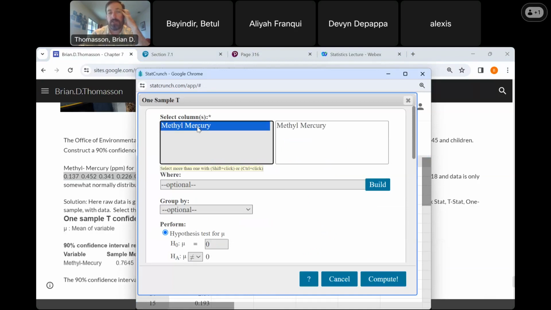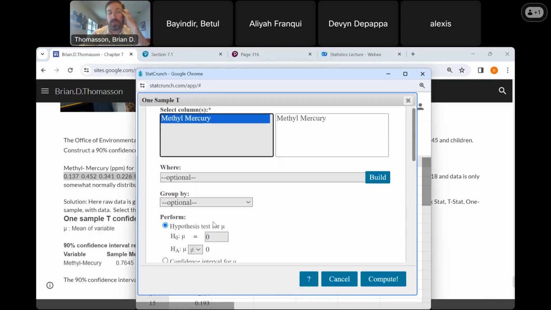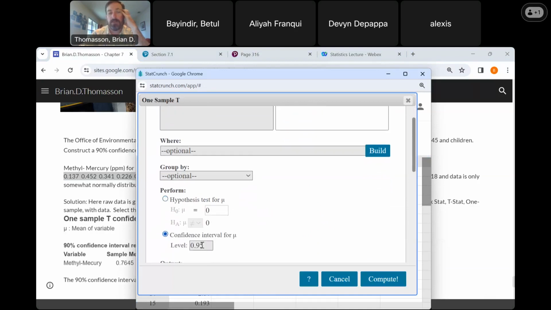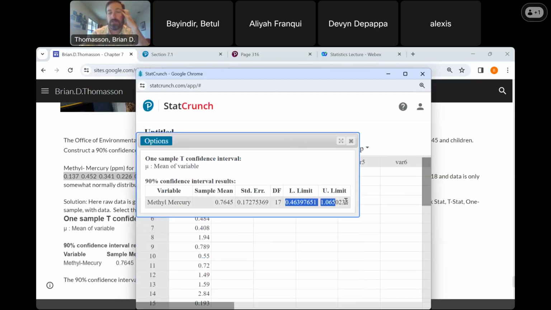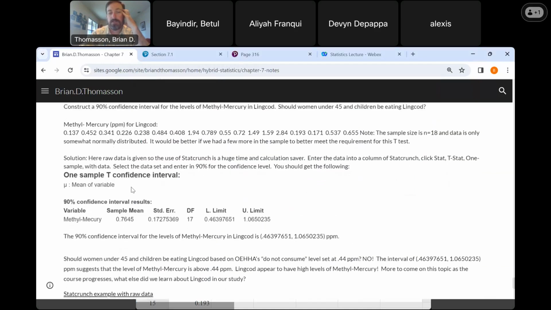We can select our methylmercury, and then we can set our confidence level. I think I wanted 90% in this case. Then we hit compute. We get our lower and upper limits. I've already got all this in the notes, so I'm going to switch back to the notes here.